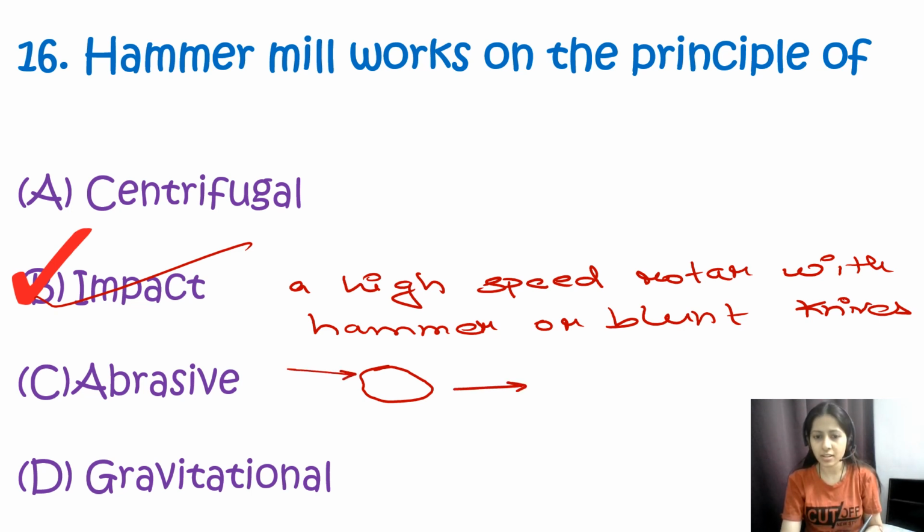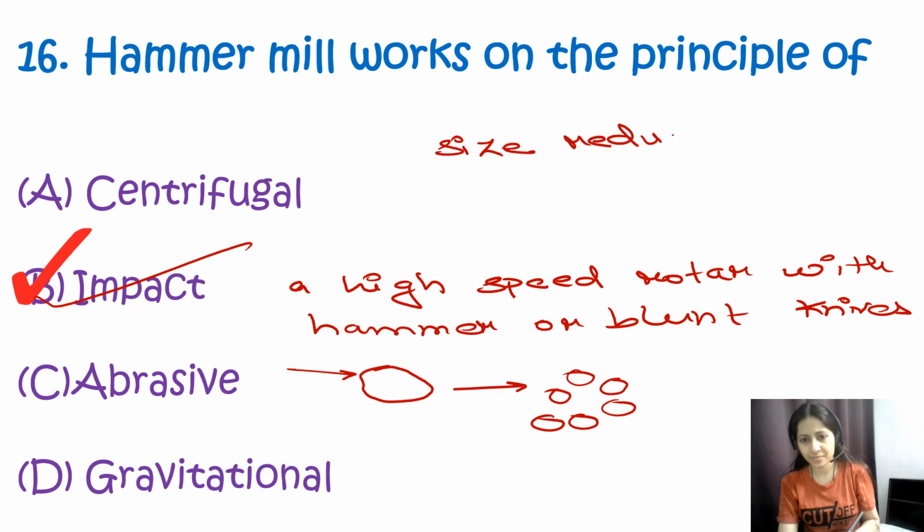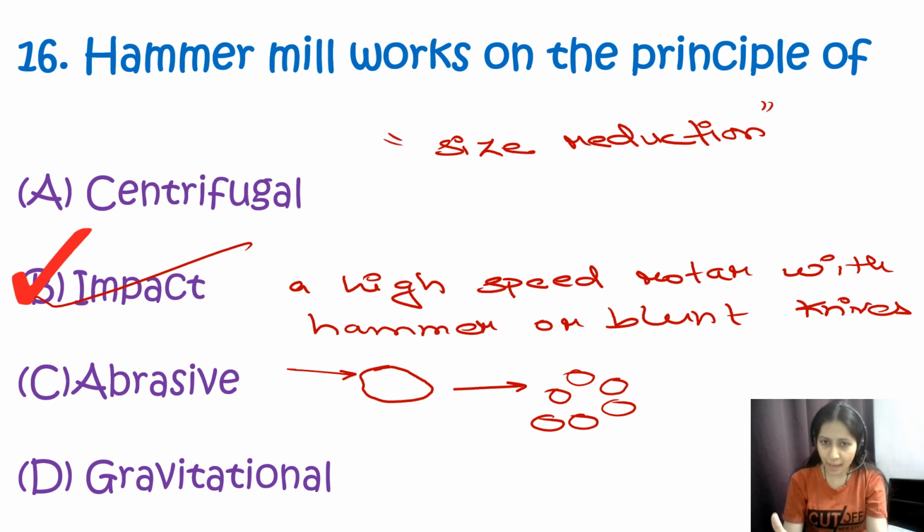So this will result in small pieces. Okay. So this impact force is the primary mechanism of size reduction. So it is the primary mechanism of size reduction with the hammer mill.